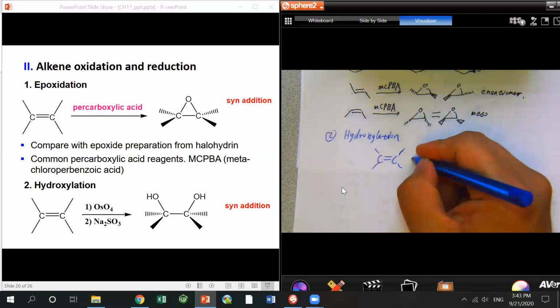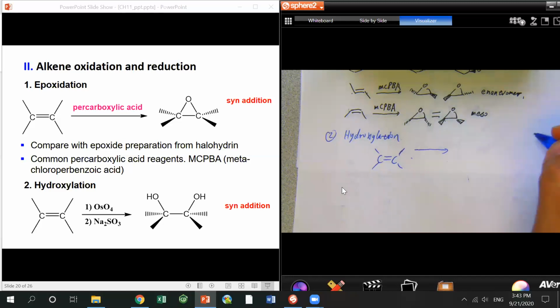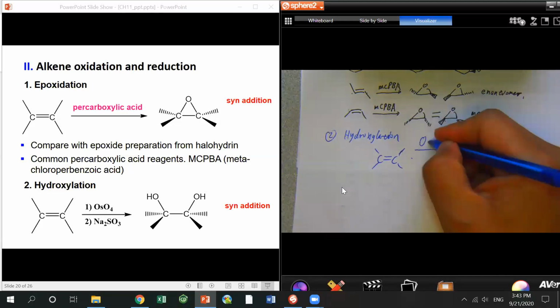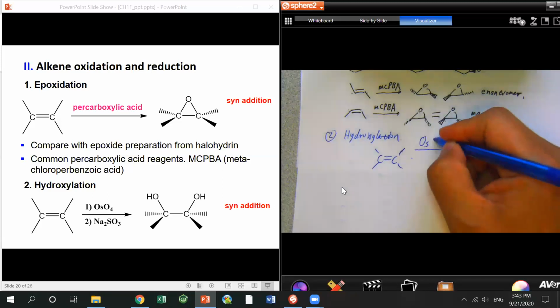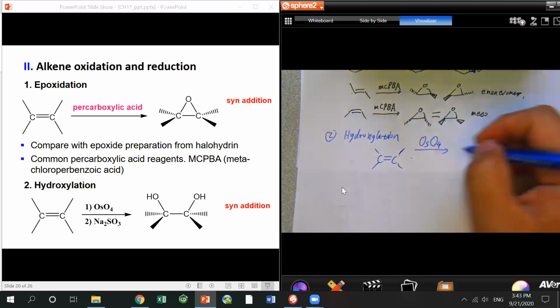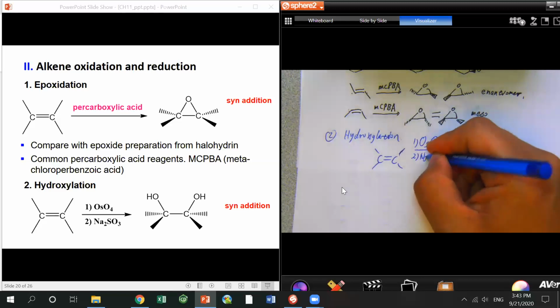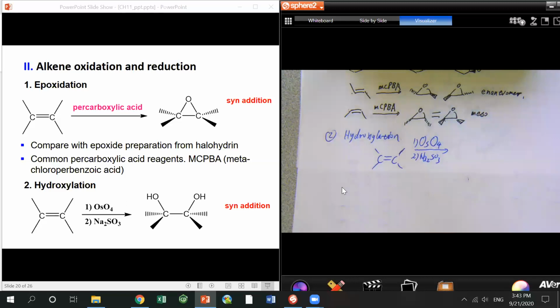and the reagent we use for this reaction is called osmium tetroxide, OsO4. Os is osmium, and tetroxide means four oxygens. That's the first step. In the second step, you use sodium sulfite. Keep in mind, it's sulfite, not sulfate.